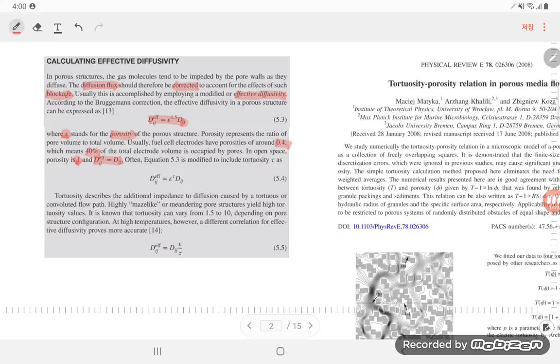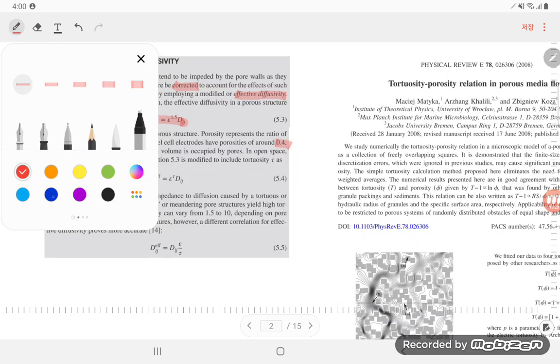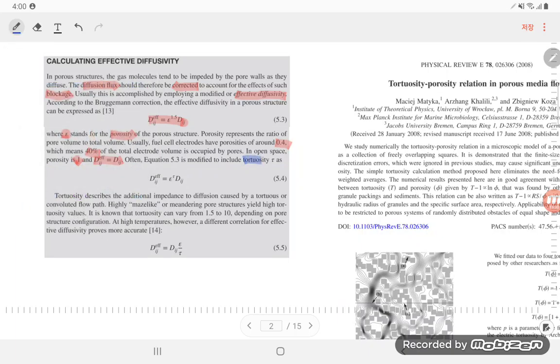diffusivity are the same. Often, the equation is modified to include tortuosity tau in this form. The tortuosity describes the additional impedance to diffusion caused by a tortuous or convoluted flow path.